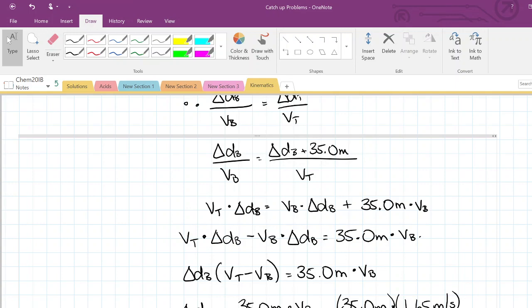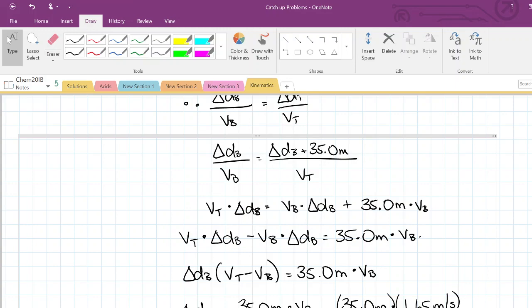Okay. Now, in order to get the distance Bill terms on one side, I'm going to subtract this term to the other side. So I'll get my Tom speed times the distance for Bill minus Bill's speed times Bill's distance, and that's equal to 35 times Bill's speed. I'm going to factor this total distance for Bill out.